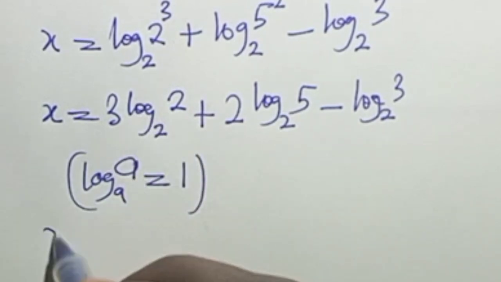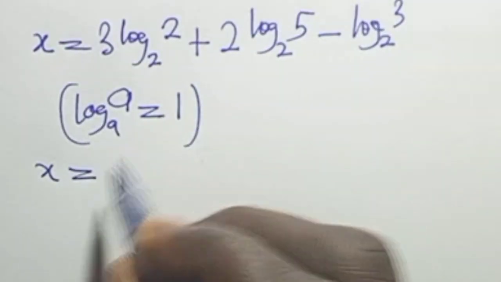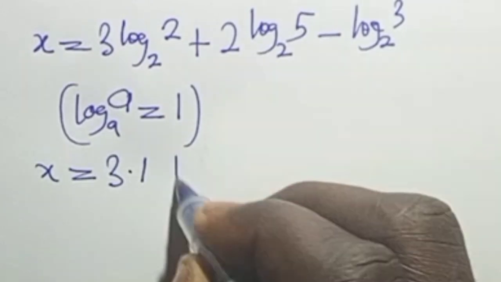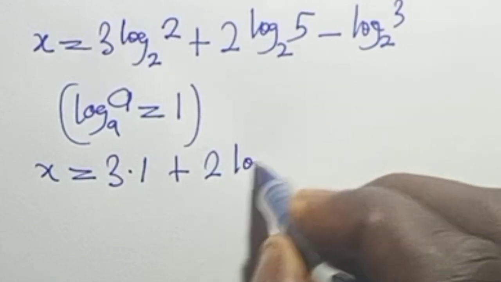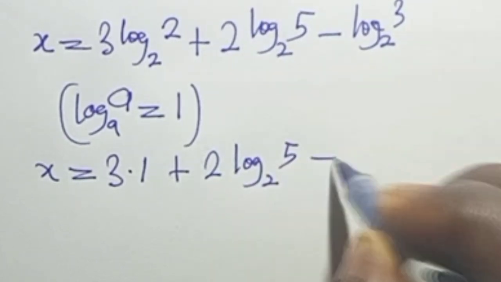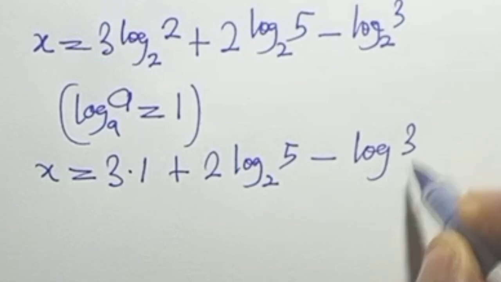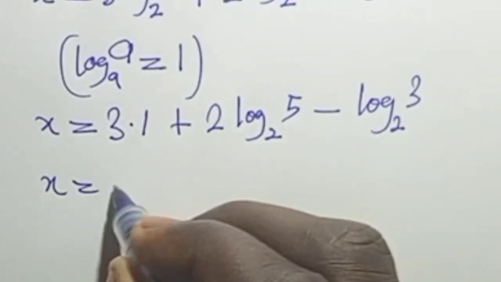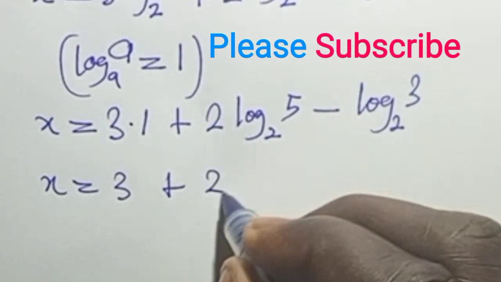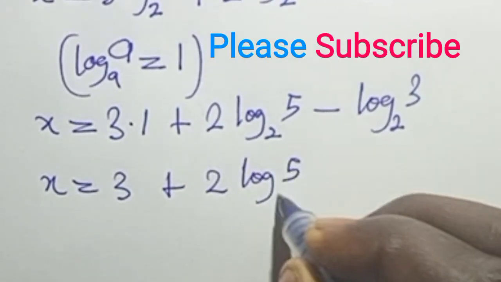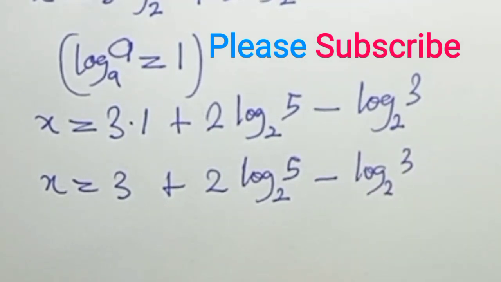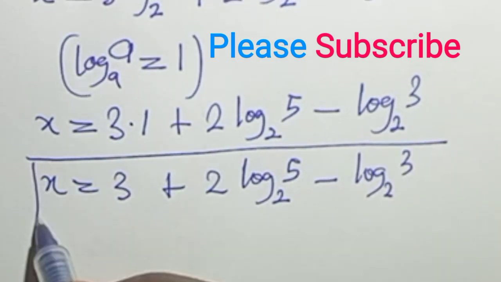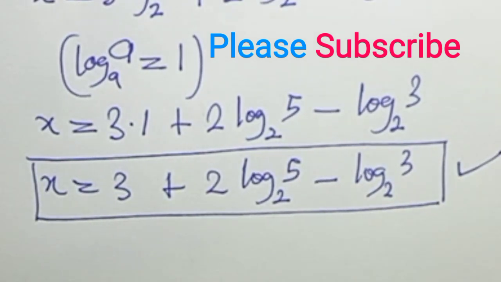So here x equals 3 times 1 plus 2 log 5 base 2 minus log 3 base 2. And x is equal to 3 plus 2 log 5 base 2 minus log 3 base 2. These are the values for x.